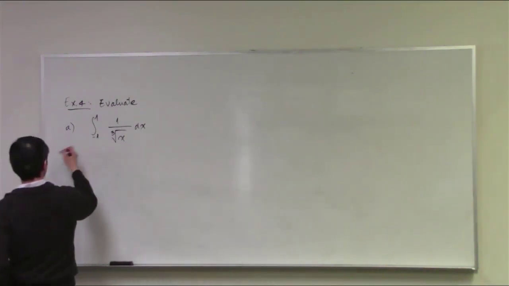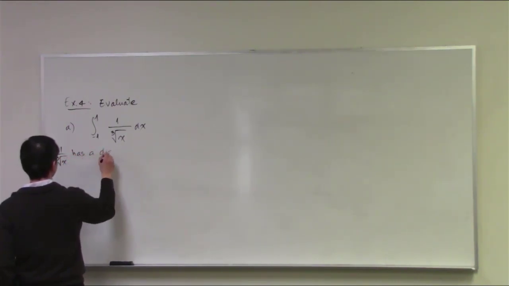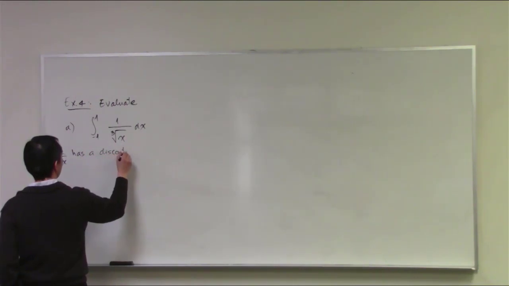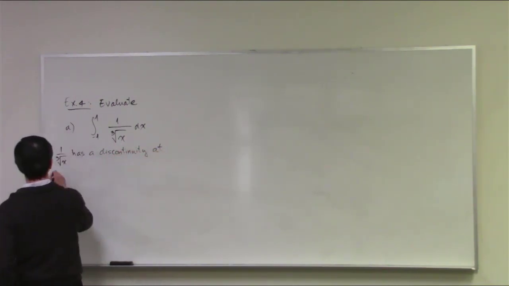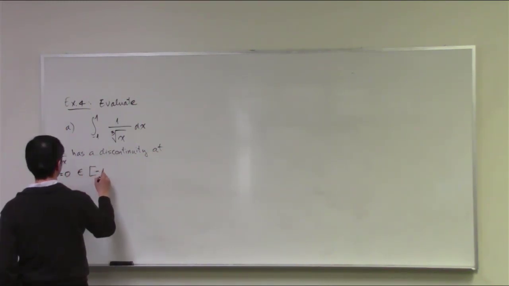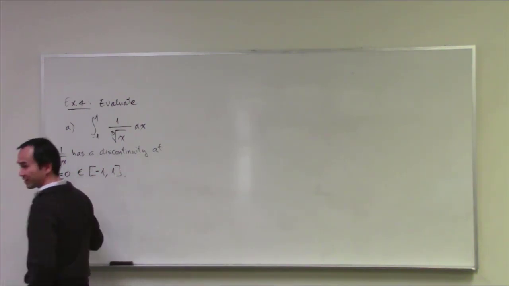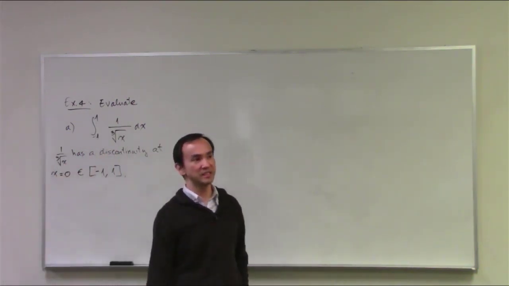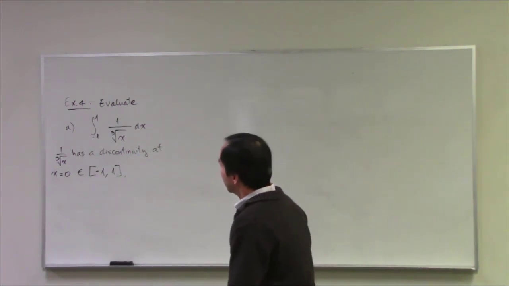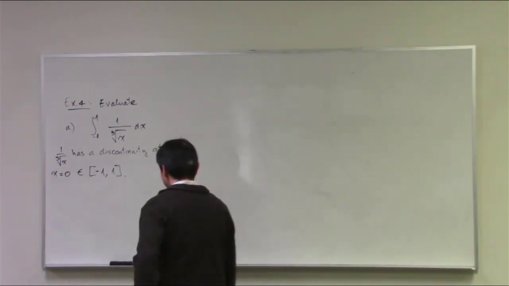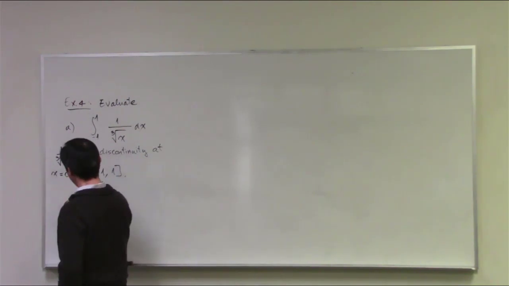To state it out, 1 over cube root of x has a discontinuity at x equals 0, which is inside the interval minus 1 to 1. That's another way of writing it, in inequality format.